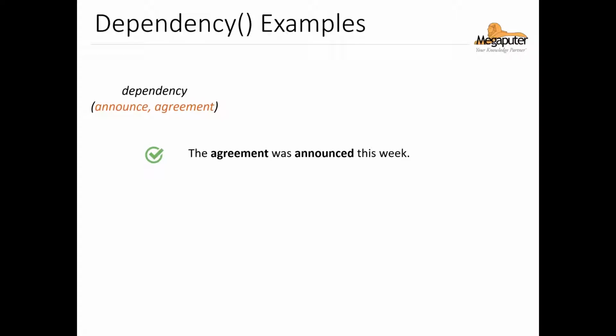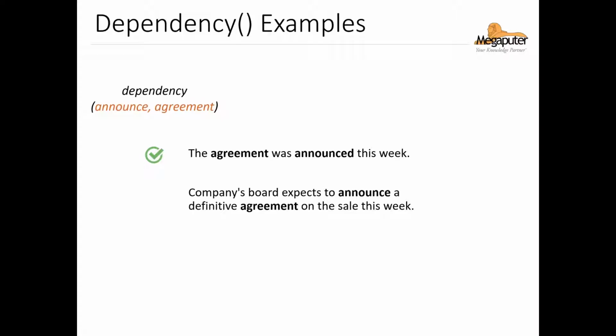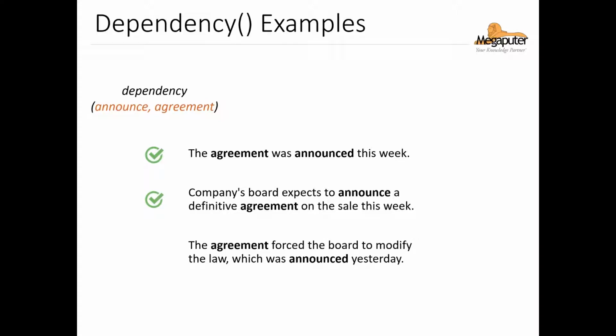There's an agreement and it was announced. That's a relationship there. The company's board expects to announce a definitive agreement on the sale this week. That is also captured. The agreement forced the board to modify the law, which was announced yesterday.